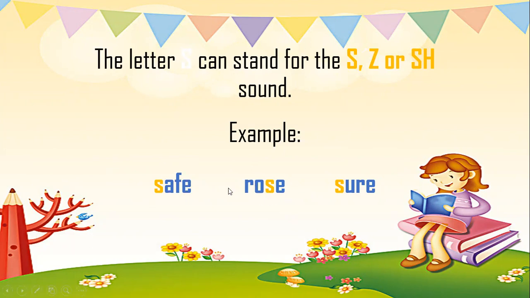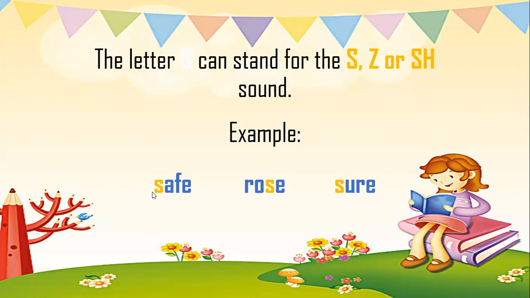Now, in the second word, we have the representation of the sound of Z, and in this case, we are going to read it like rose, okay? Rose. As you can hear, this sound is like the sound of the Z, okay? And in the last one, we read it like sure, okay?